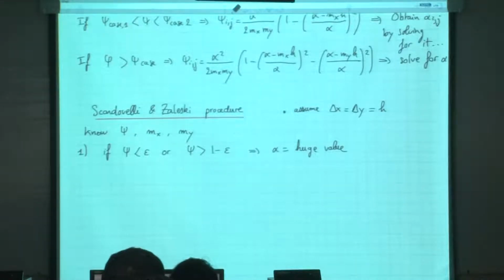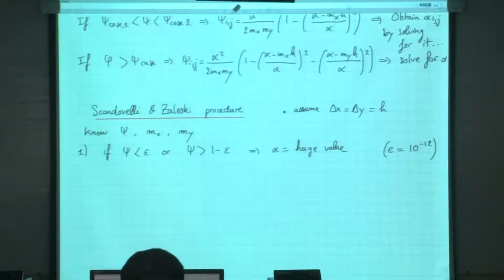The value for epsilon, I think what Scardovelli had was 10 to the minus 12. It's up to you. It depends what type of accuracy you want for your volume of fluid scheme. Clearly, there's some level of accuracy at which your code has to consider that a small value is effectively 0.